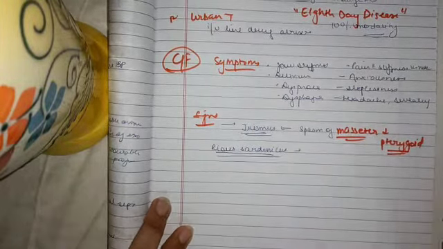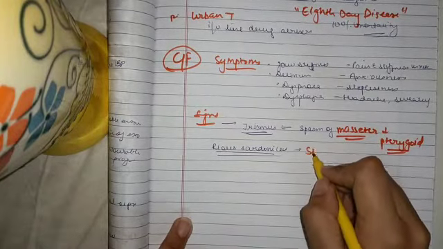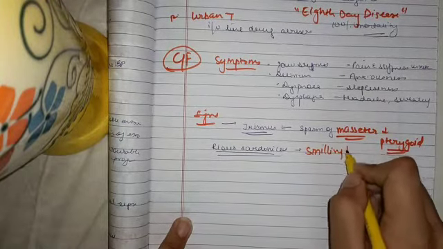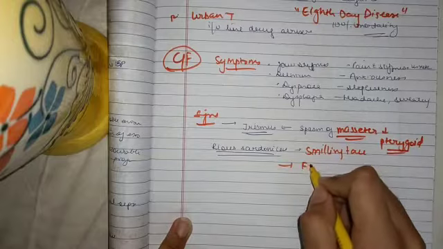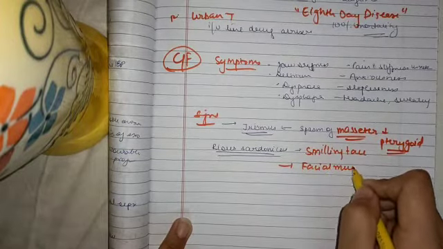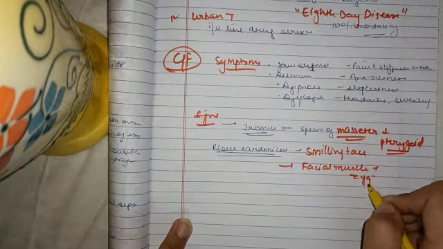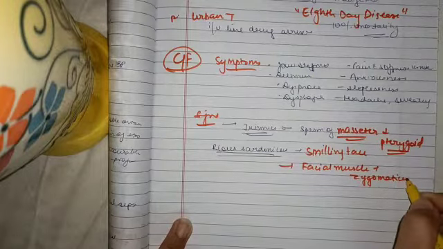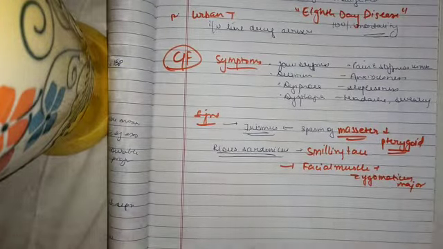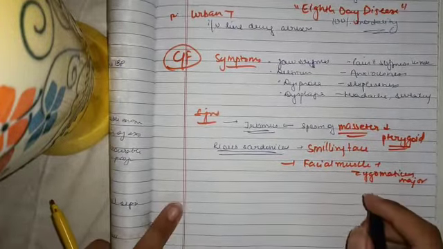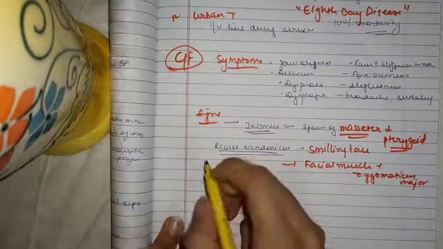This is basically the person appearing to have a smiling face. It occurs because of spasm of the facial muscles plus the zygomaticus major.